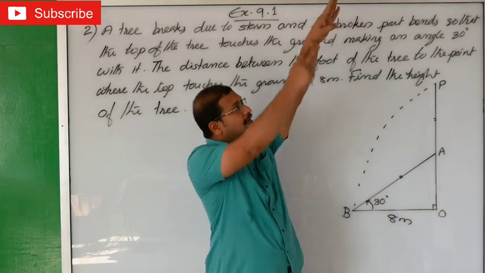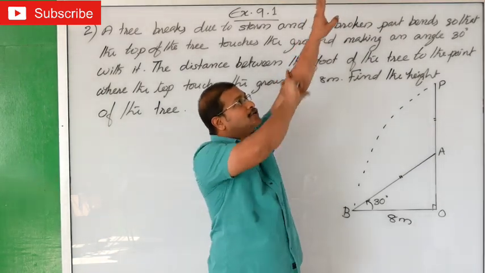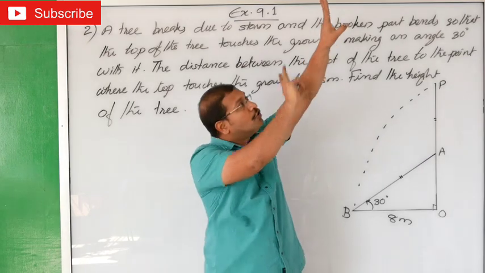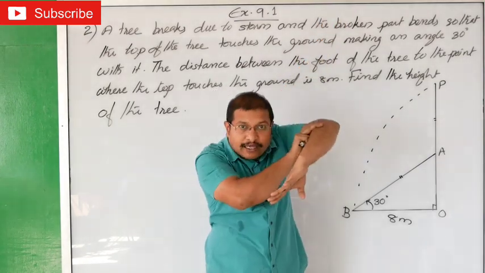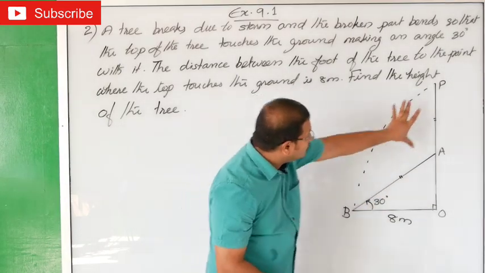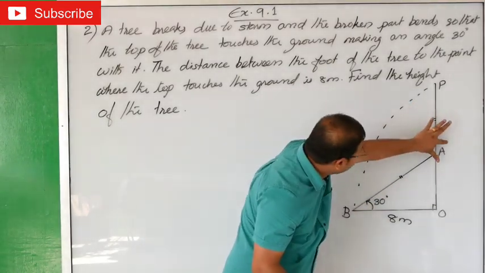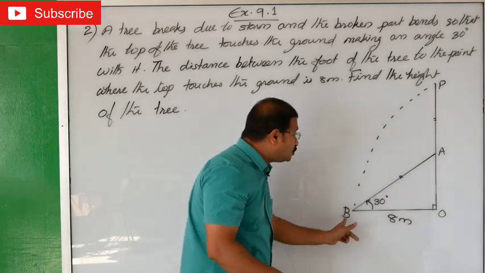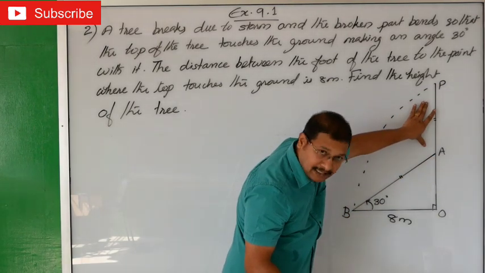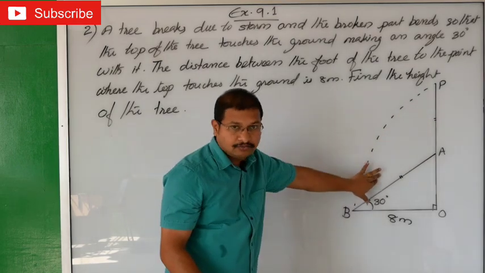This portion is the tree top portion, so if it falls, it comes this way. The same piece will come here. Have you understood? Okay. So now AP will be equal to AB because the same piece falls down to this side.